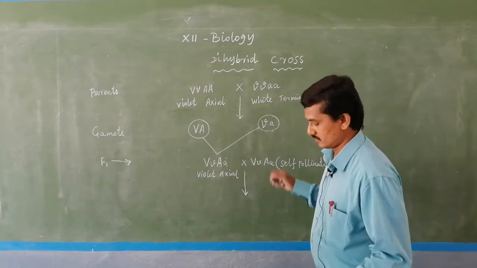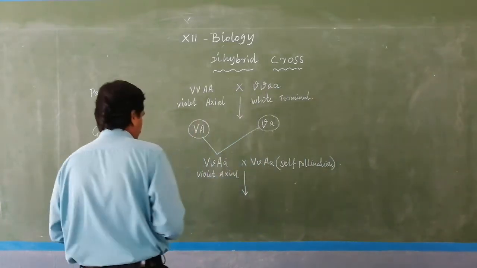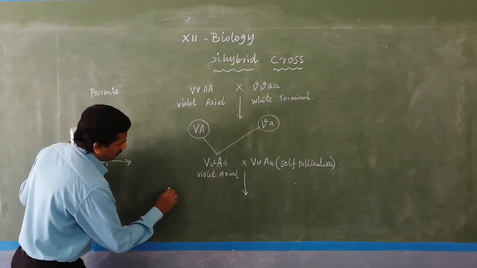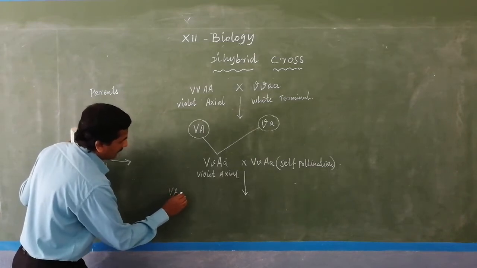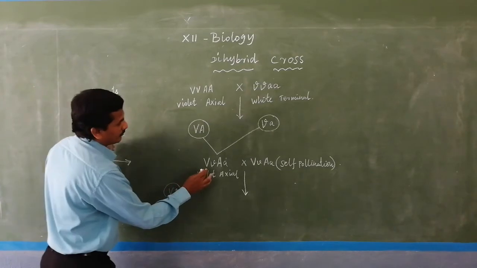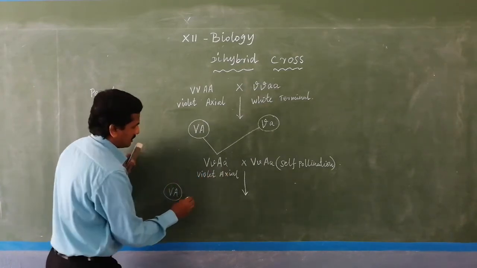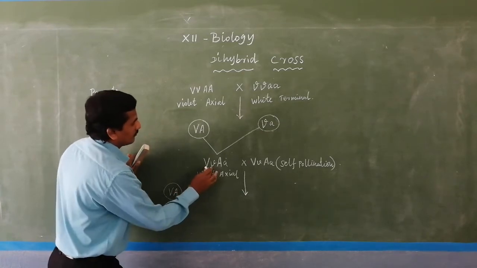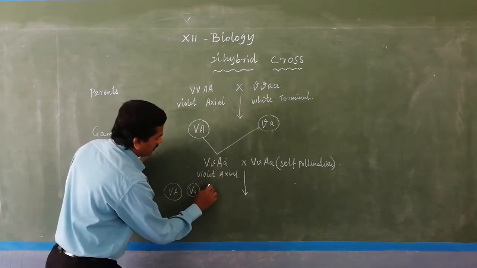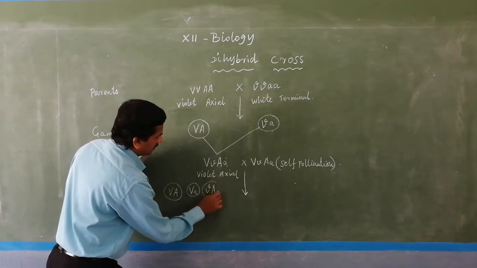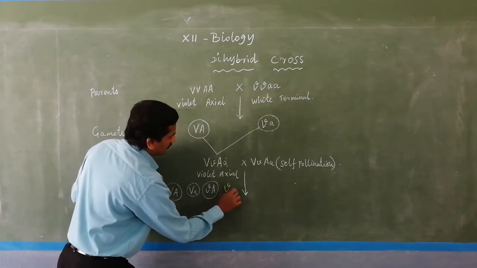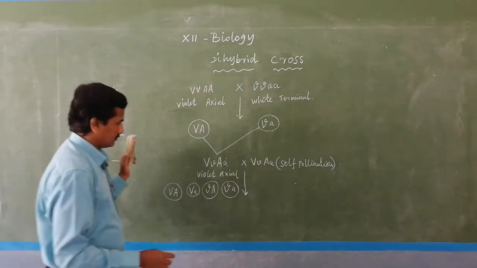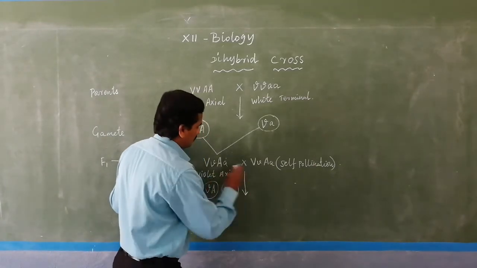Okay. Listen. Then the gametes are also produced. Gamete means normally we know capital V, capital A, one gamete, capital V, small a, another gamete, small v, capital A, another gamete, small v, small a, another gamete. Then the same gametes, same plants.